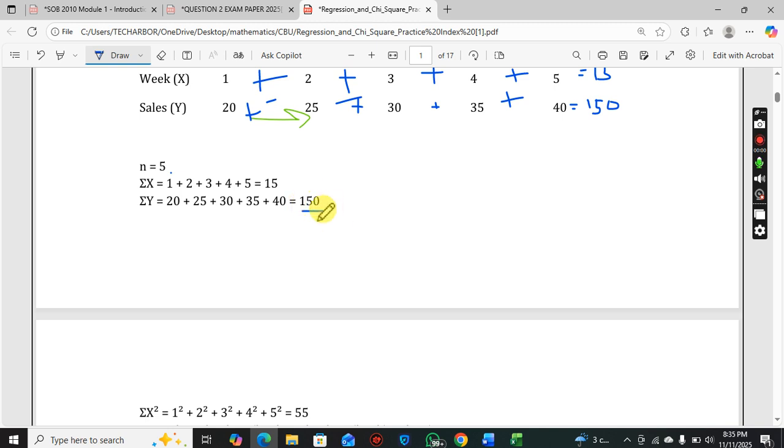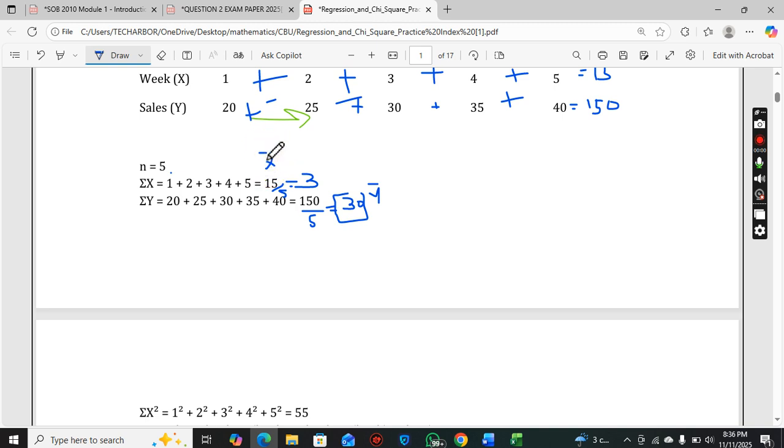There are 5 numbers, so 150 divided by 5, that is 30. That is our average y bar. For x bar, the total is 15 divided by the number of data values 5. 15 divided by 5, that is 3. So x bar is 3.